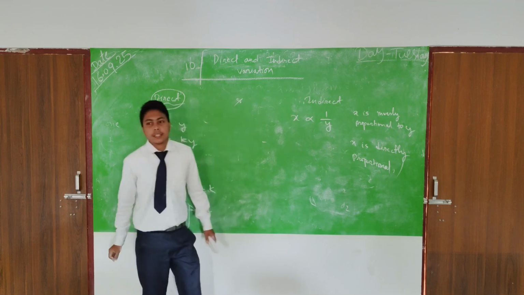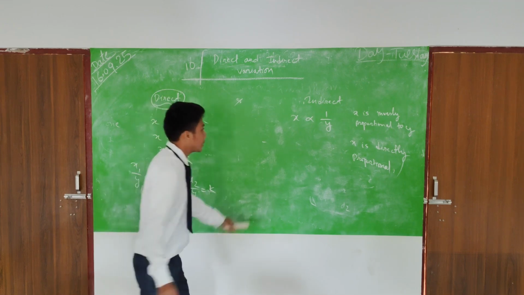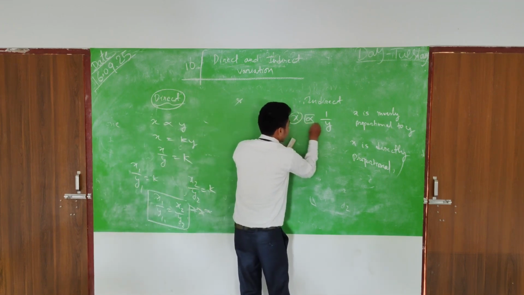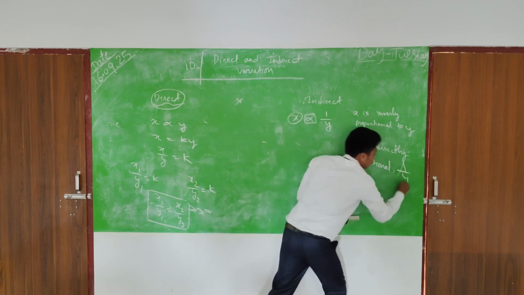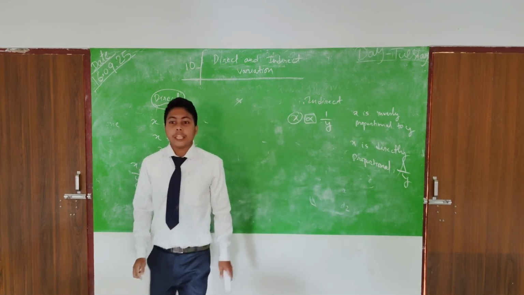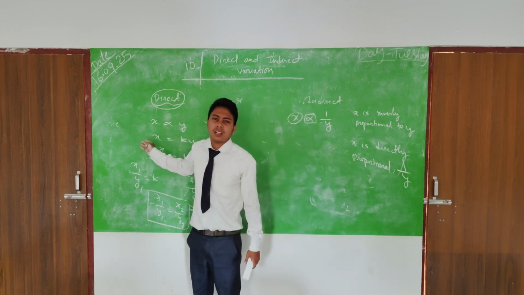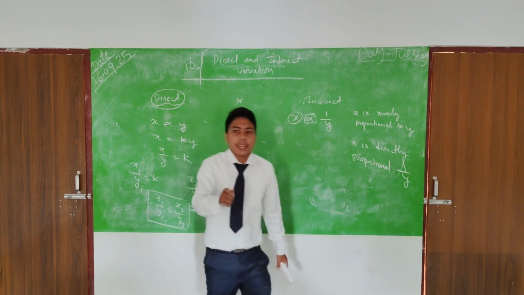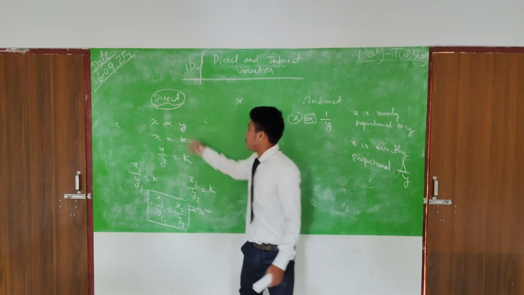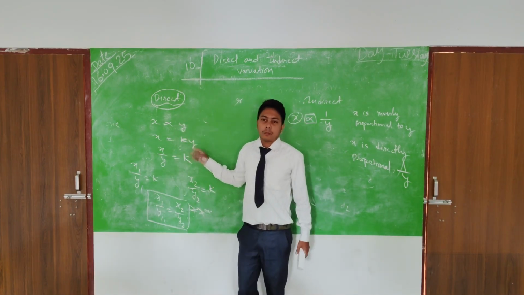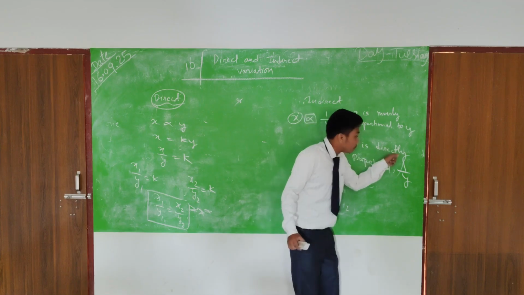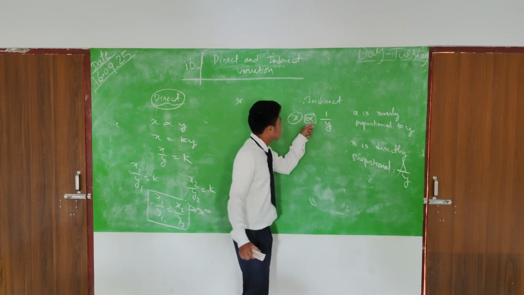Now, it's not y. X is directly proportional to 1 by y. If I say x is directly proportional to y, then it will become the direct case. But when I say x is directly proportional to 1 by y, that means this one.